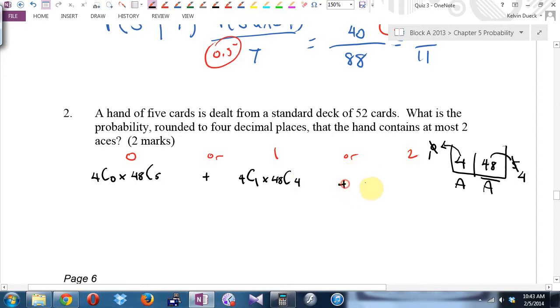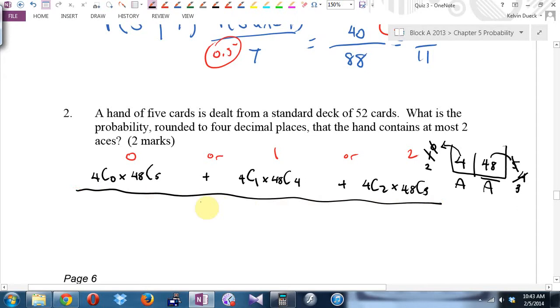Or 2 aces, which is an okay poker hand now, 3 generic cards. 4, choose 2, and 48, choose 3. And all of these would be over 52 cards. Right, Erica? 52 cards. Choose how many cards, Erica? 5.